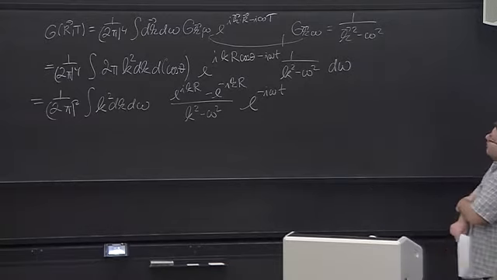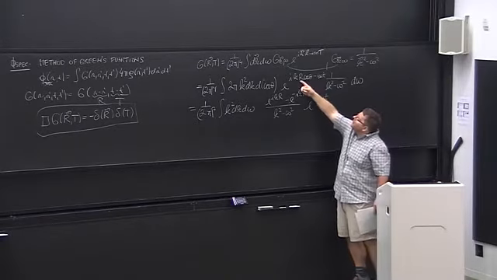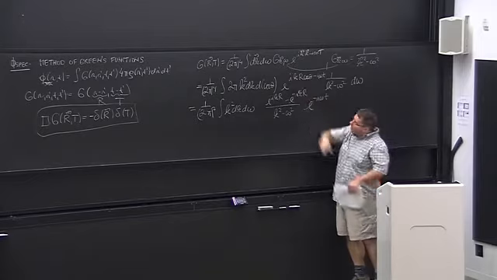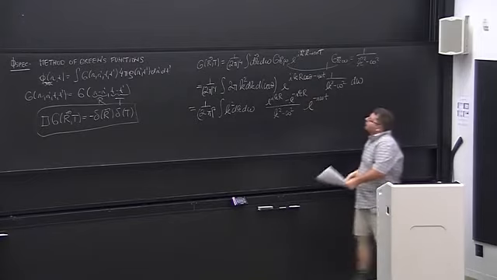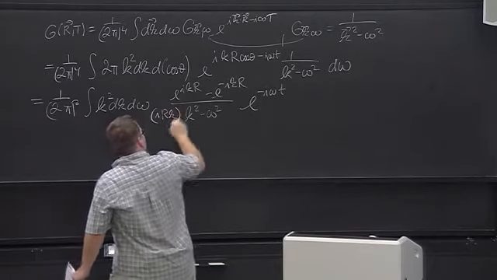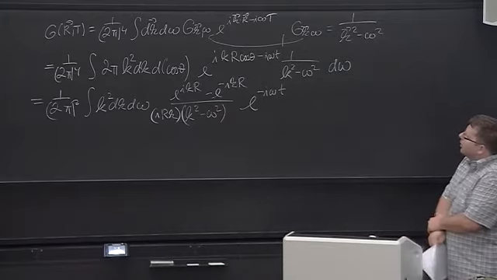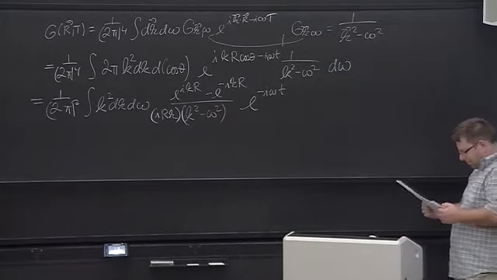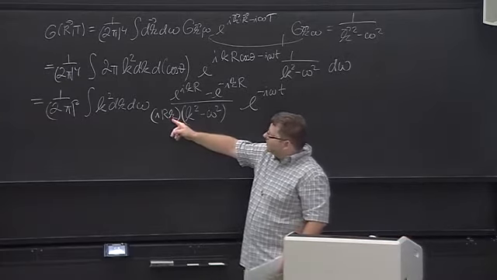Okay, but that would be too simple. So what I also have to do is when I integrate this, I have to do 1 over IKR. All right, so now I see that one of the k's actually cancel.